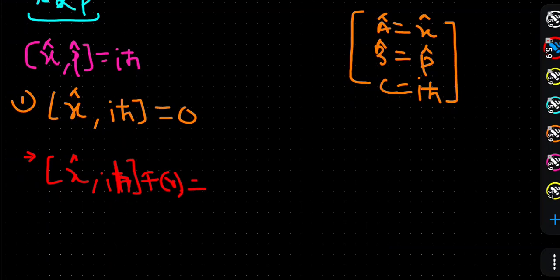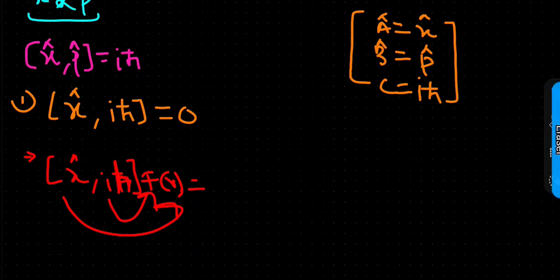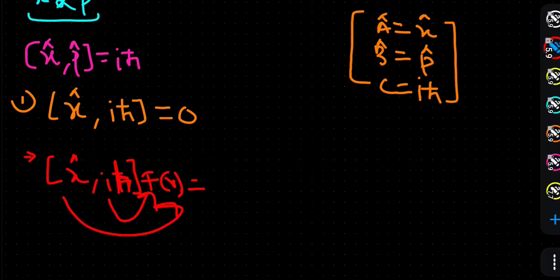First of all, iota h bar will come out of this expression, because x acts on this function. So iota h bar times x acting on f of x, and then of course minus iota h bar acting on x f of x.